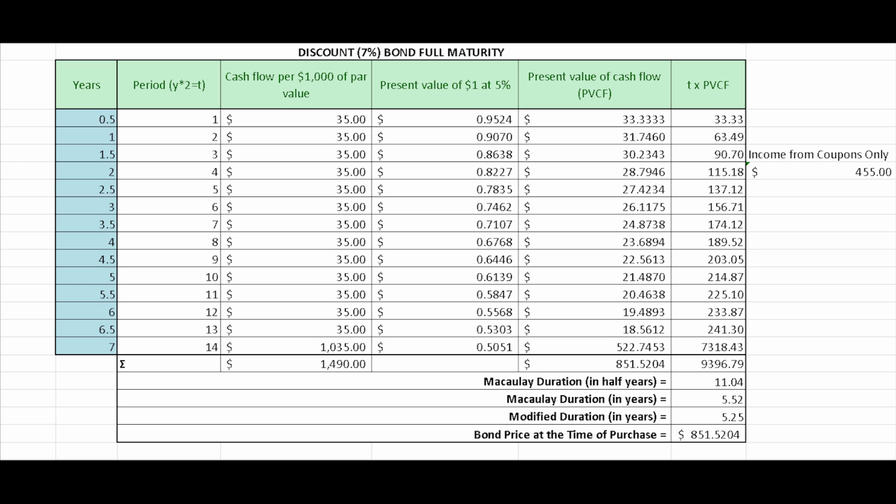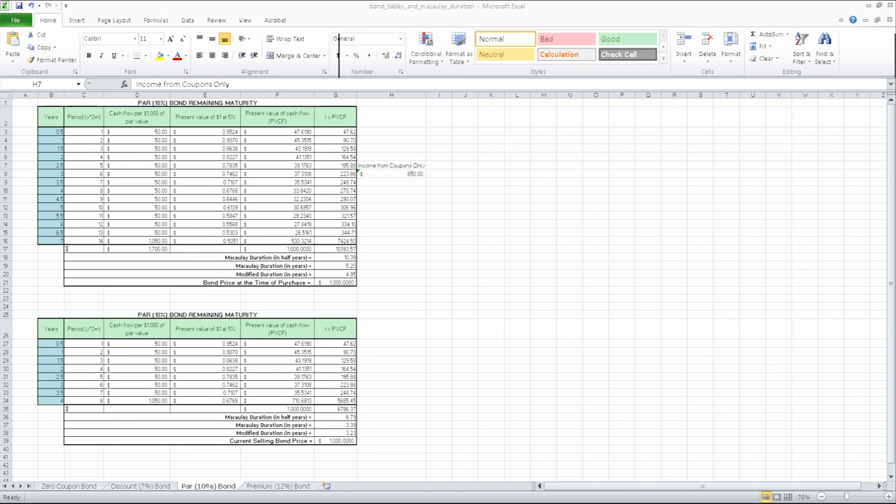Let's take a look at the discount bond. A discount bond is called that because it pays a coupon of 7% when the market rate is higher than 7%. So all that's saying is that the coupon rate of a bond is less than the current market rate.